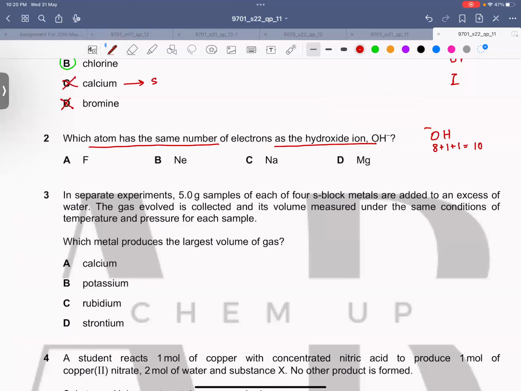So total electrons are 10 in the hydroxide ion. Fluorine's atomic number is 9, so 9 electrons, which makes A wrong. Then neon has 10 electrons. Its atomic number is 10. Sodium is 11 and magnesium is 12. So C and D go wrong. Yes, very good. Neon is the correct answer.